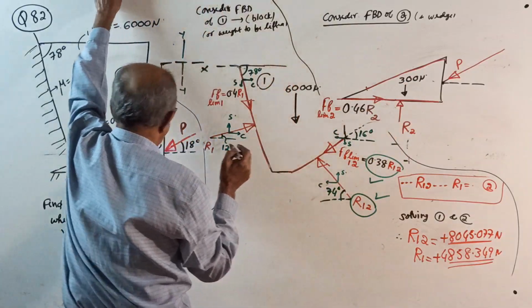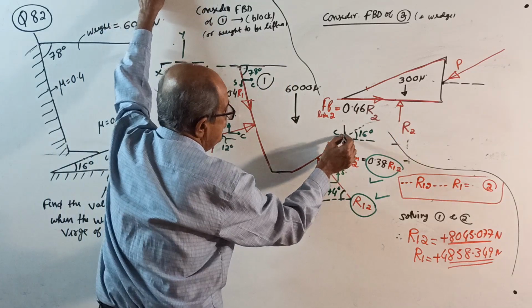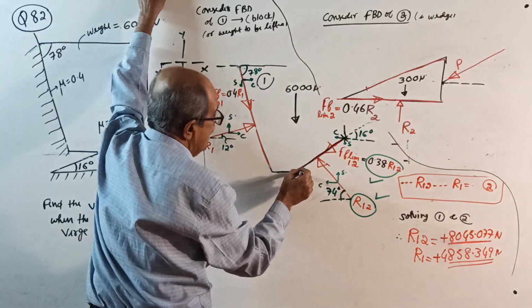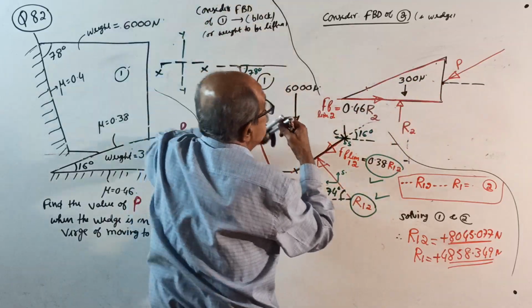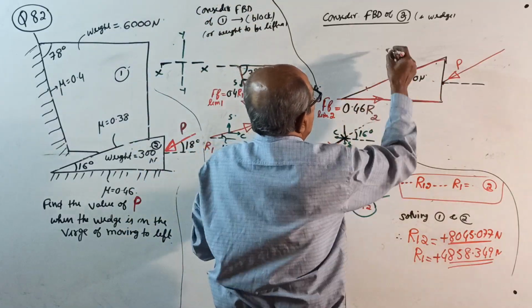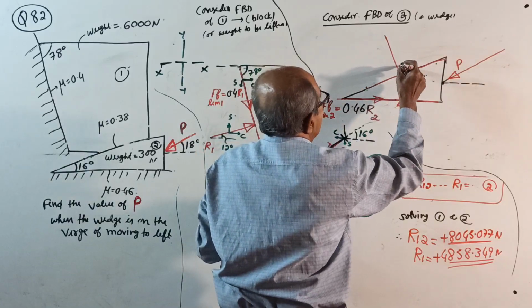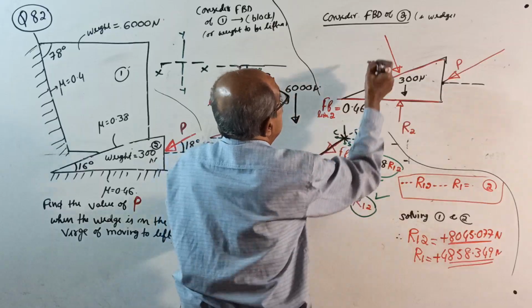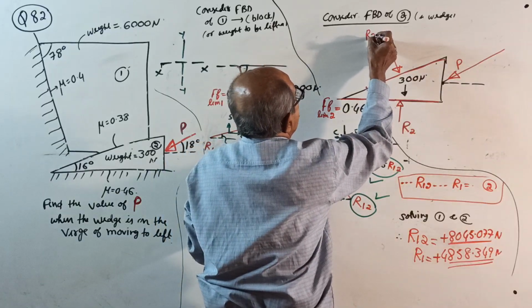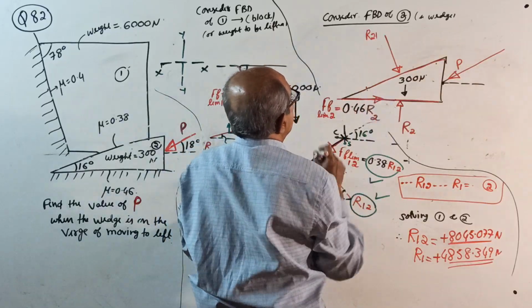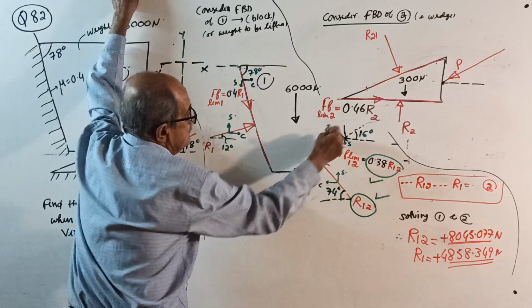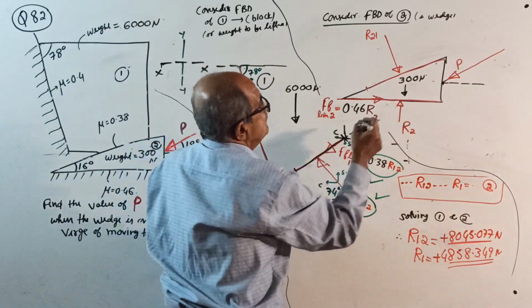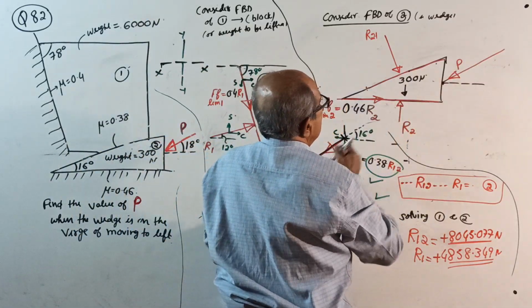Very important, I told you 1000 times: this contact is the same as this contact. So here R12 this way means here R21 like this. This friction is this way, so this friction is this way.